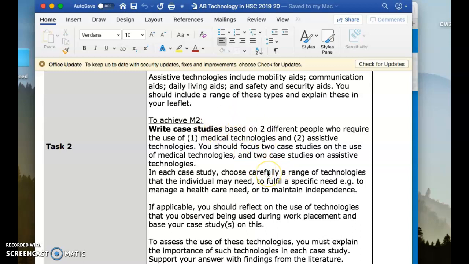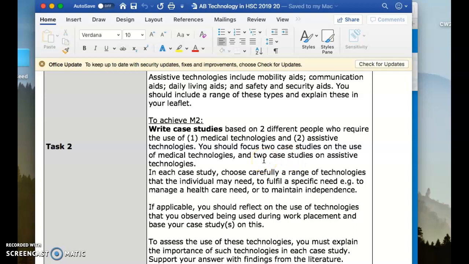So 2 case studies, they're based on 2 different people, who require the use of medical technologies and assistive technologies. So focus 2 of your case studies on the use of medical technologies, and then 2 case studies on assistive technologies.